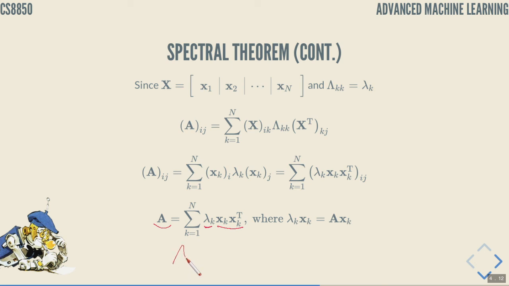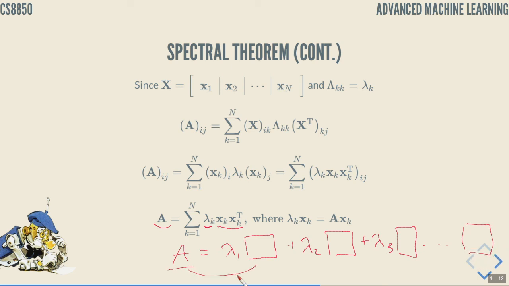So A becomes a sum of those matrices, which are exactly the same dimension as A. We take A and decompose it into the basis of its eigenvectors, the outer products of those.